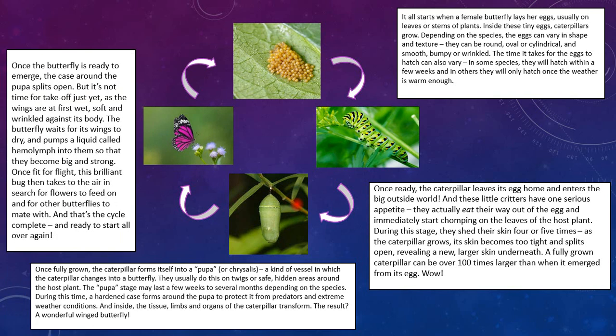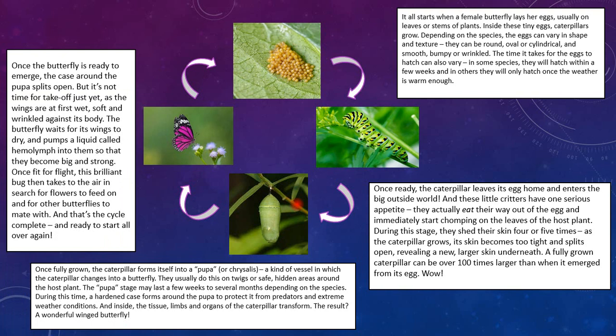So let's look at this. Once the butterfly is ready to emerge, the case around the pupa splits open, but it's not time for takeoff just yet, as the wings are at first wet, soft, and wrinkled against its body. The butterfly waits for its wings to dry and pumps a liquid called hemolymph into them so that they become big and strong.